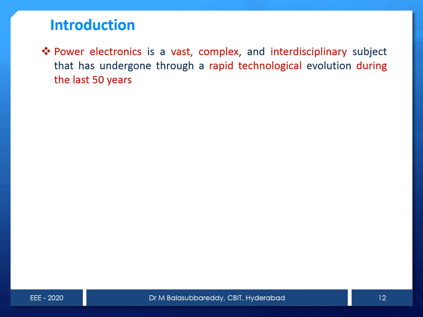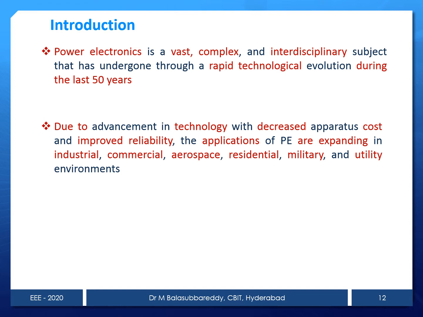That's why nowadays, due to advances in technology, costs have decreased. Because of the research we are reducing the cost of the devices and control components. So that is the reason it is cheaper compared to other conventional controllers. These applications have expanded into industrial, commercial, aerospace, residential, military, and utility environments.